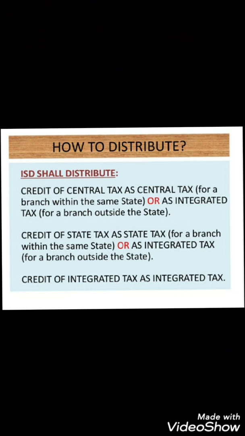For an example, XYZ Limited, a corporate office in Delhi, has two branches in Mumbai and in Kolkata, and their business is selling pencils. Now XYZ Limited also has another business of selling registers in Delhi with separate registration number but same permanent account number, which is PAN number. Now in this case, input tax credit of CGST, which is held by XYZ Limited within Delhi, can be transferred to its another business in Delhi.